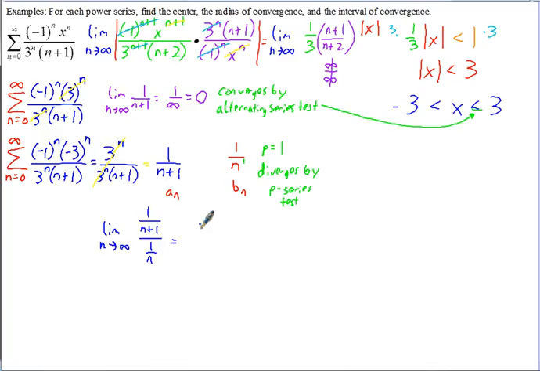So it would be 1 over n plus 1 times n. Let's see, when you plug in infinity into that, you just get infinity over infinity, which is 1. So since that's greater than 0, then this one also diverges. Does the same thing. That's our limit comparison test. Since it diverges, that means we don't put the or equal to on this one.